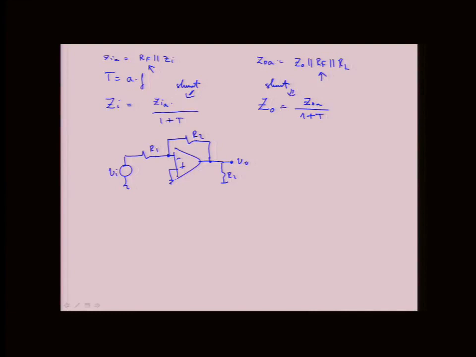I hope people see this is exactly the same topology as we just analyzed, right? I don't know if people see. No. Okay, let me explain. Can anybody explain how this topology is the same as this topology?